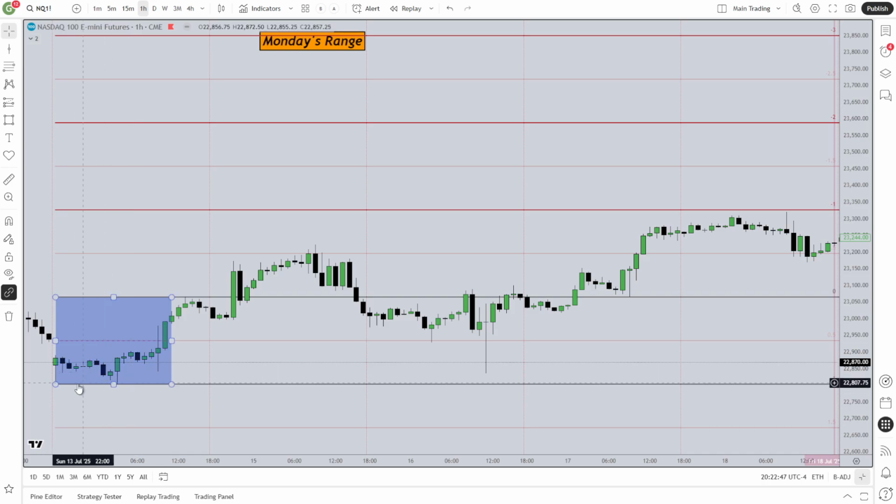So the high and low for the daily candle of Monday will set the stage for the rest of the week's price action.